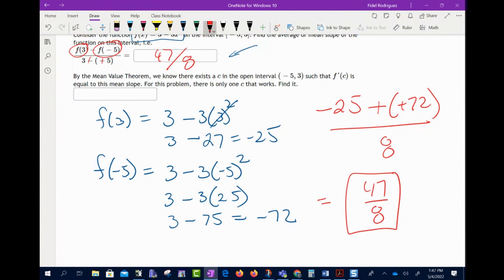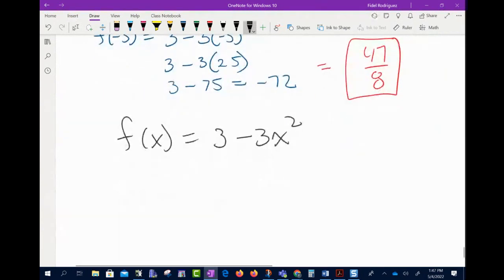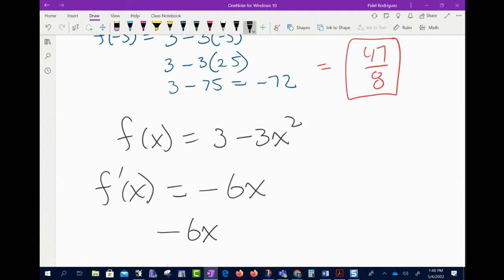Now for the second part, we take the derivative of our function. My original function was f of x equals 3 minus 3x squared. I need to find f prime of x. F prime of x would be negative 6x. We set that equal to what we came up with in our first part.